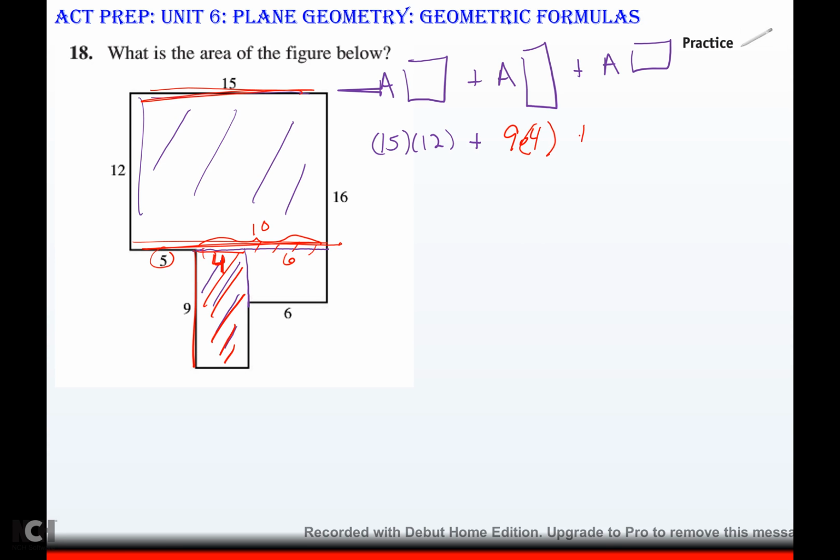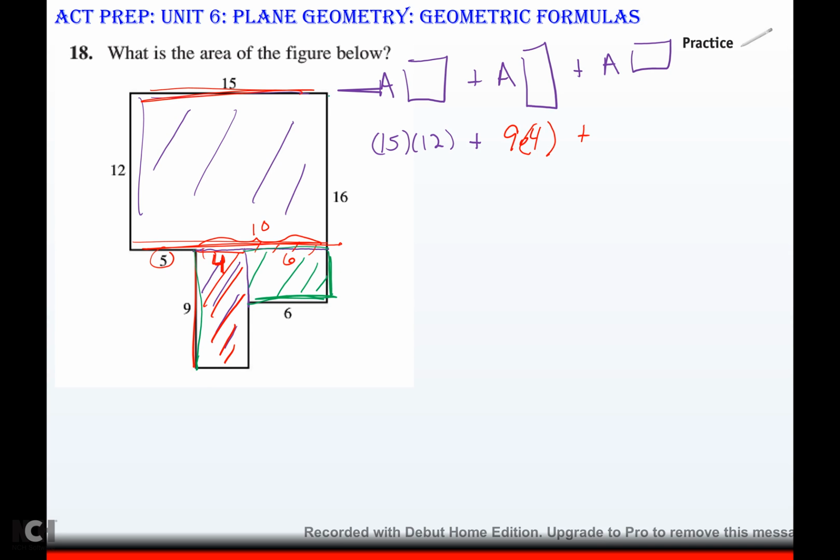Let's use parentheses. Now my last rectangle over here, okay, again I got the length, I need the width. Well, if from here to here, let's see, how did I do this? So this is 6, this is 9. How did I figure out that this was 4?